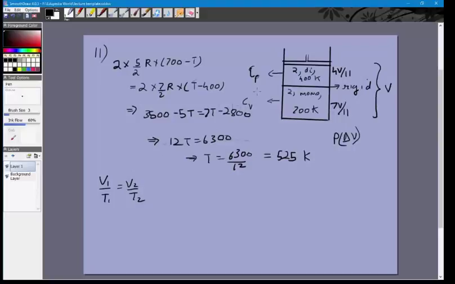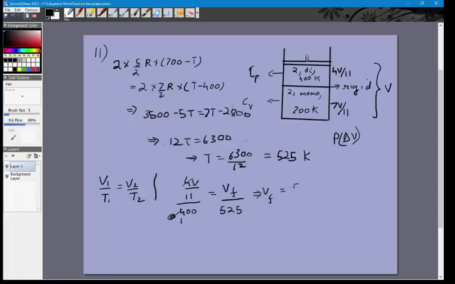So when we apply this to both of them, V1 for the upper one will be 4V by 11. So we get 4V by 11 divided by initial temperature 400 is equal to V final divided by the final temperature 525, which gives me, this cancels with this, and 100. So V by 1100 is VF by 525.